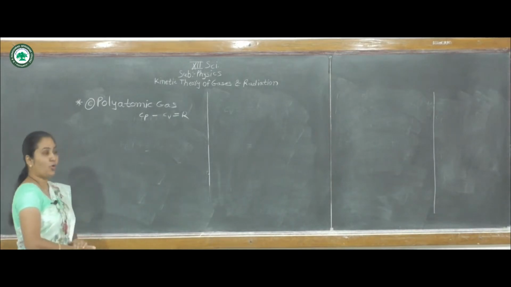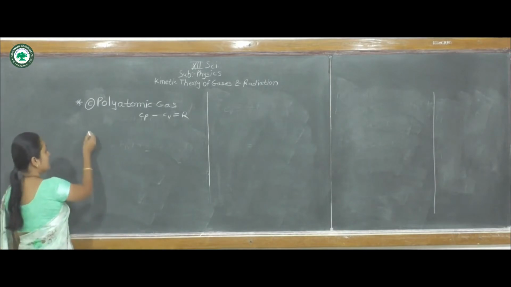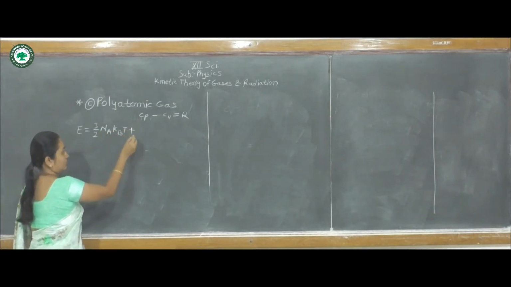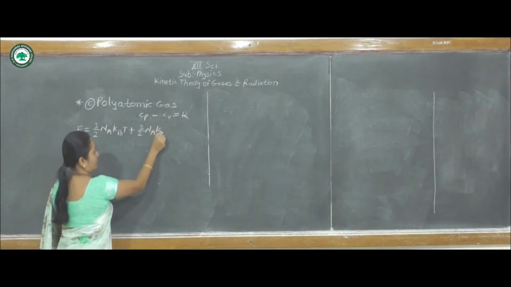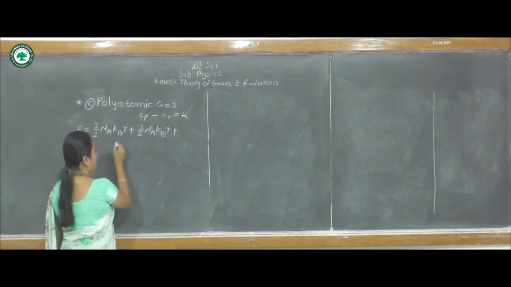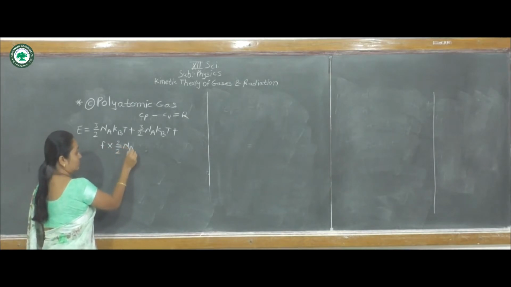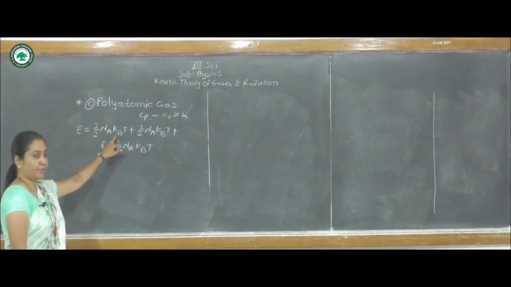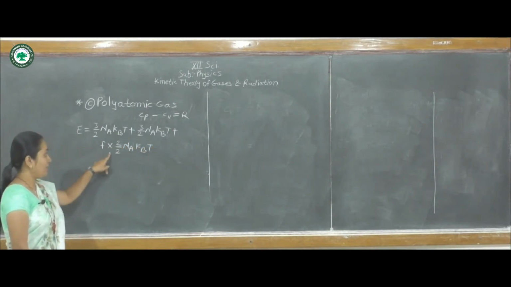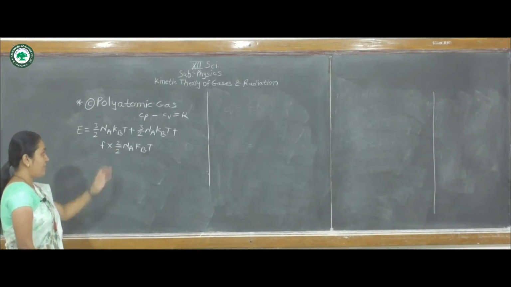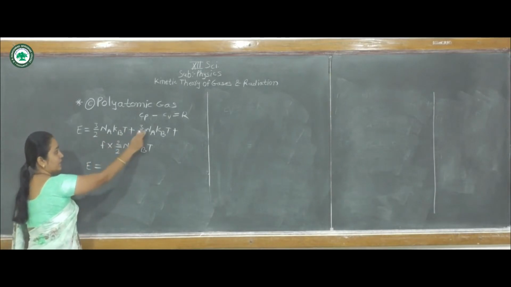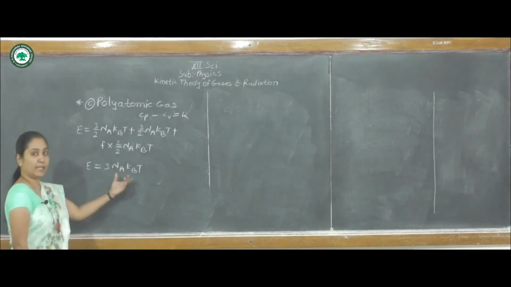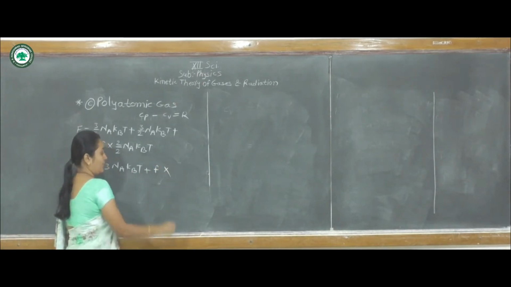Now the total internal energy per mole for polyatomic gas is given by 3 upon 2 Na Kb T plus 3 upon 2 Na Kb T plus f into 2 upon 2 Na Kb T. Now by simplifying this equation, 3 plus 3 is 6 upon 2, so we can write this as 3 Na Kb T plus f into 2 upon 2.